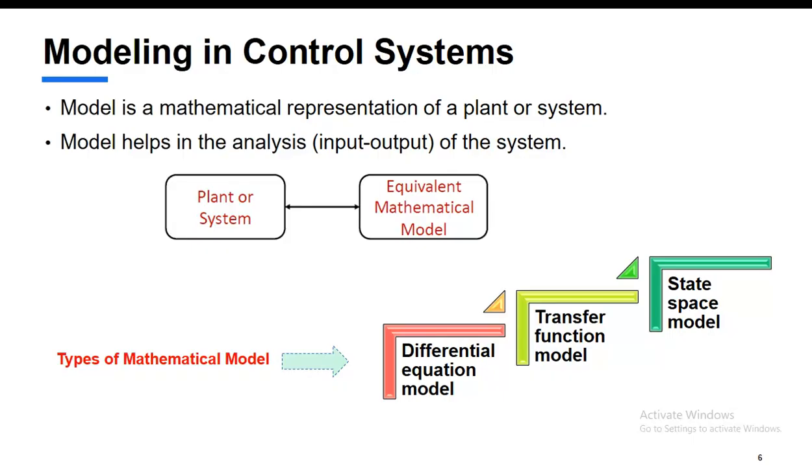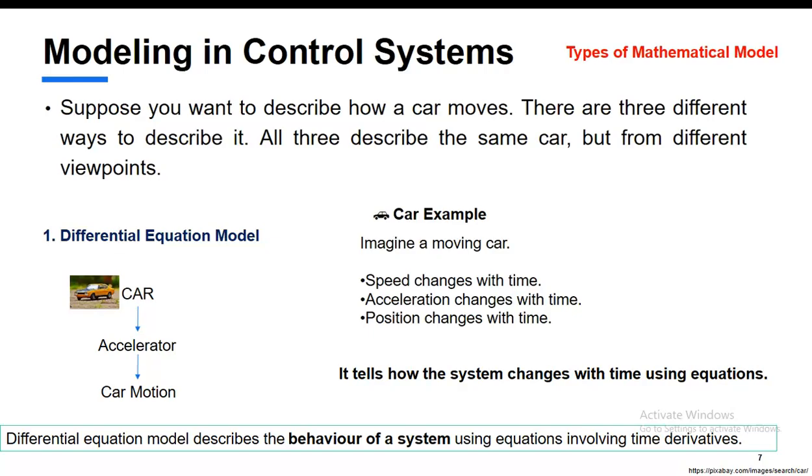There are three different models. One is differential equation model, transfer function model and state space model. Let's see these three things in detail. First, a differential equation model. It tells how system changes with time with the help of the equations.